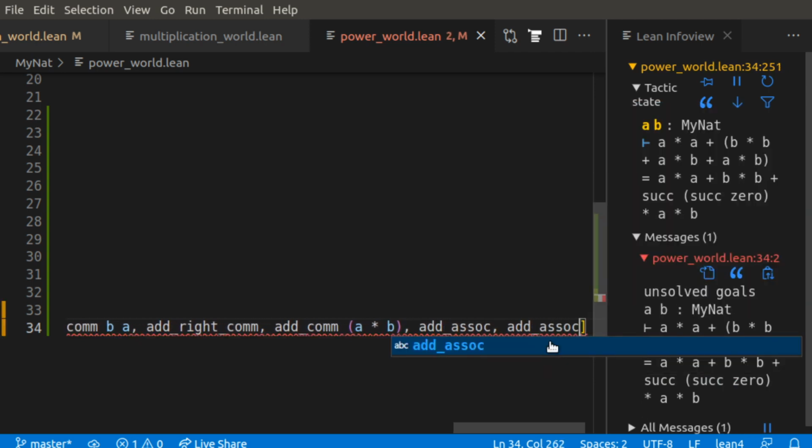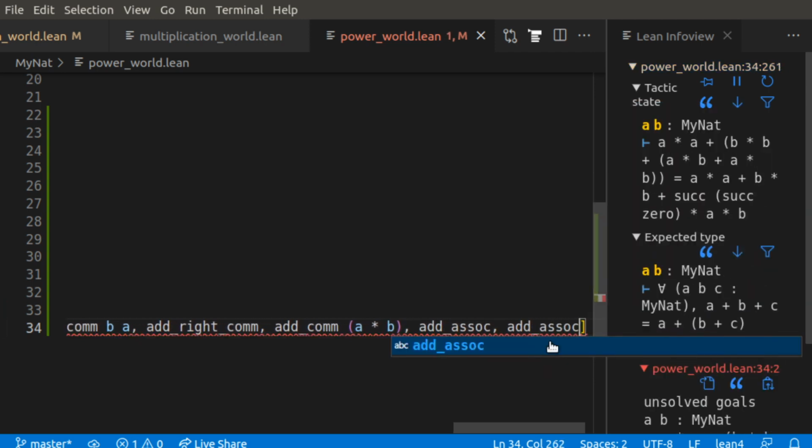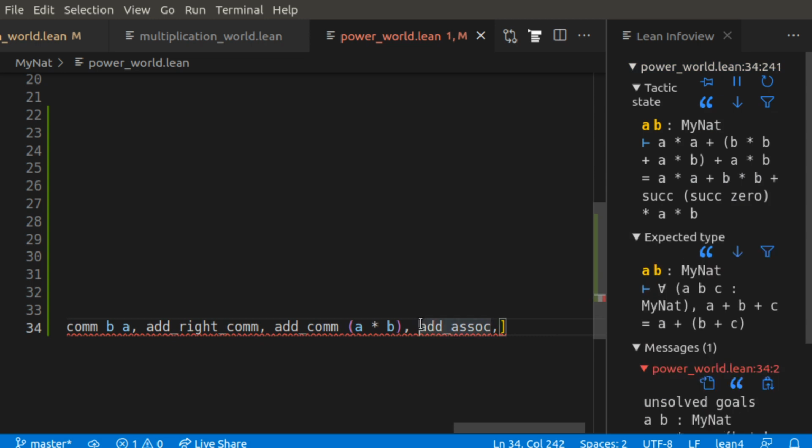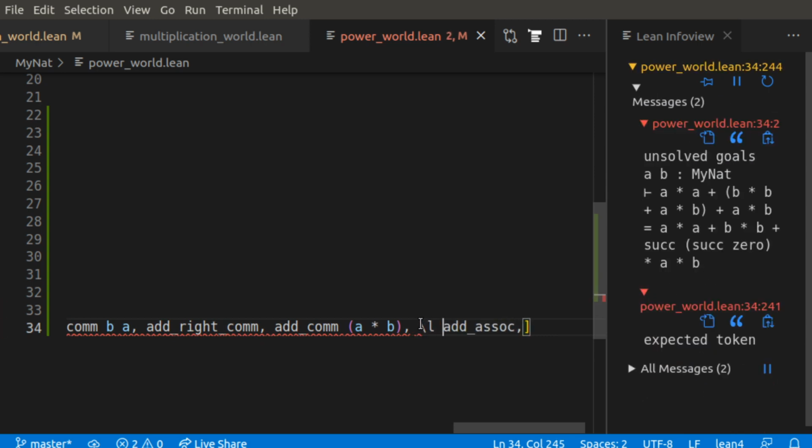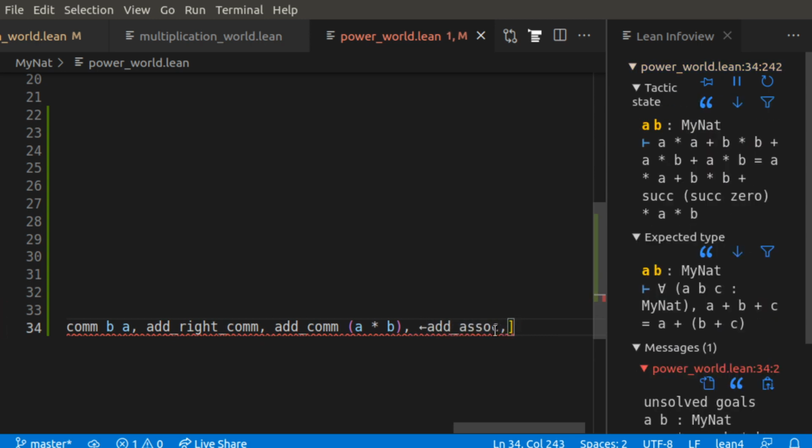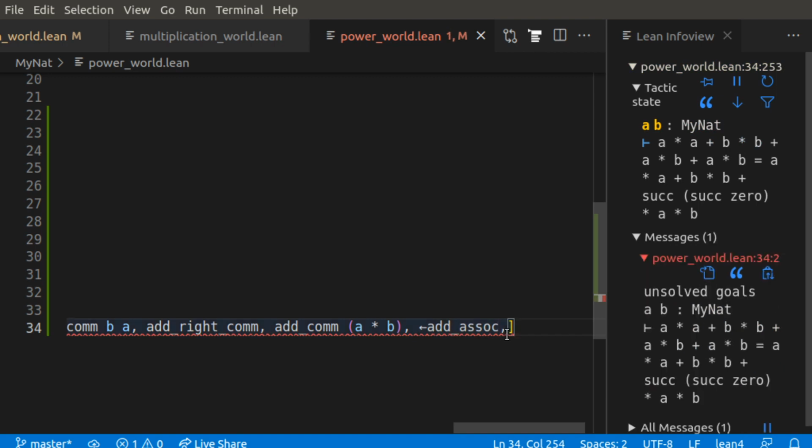Add associative. No, we want to do the reverse. Nice. Okay, very close. Now we have A times A plus B times B plus A times B plus A times B.